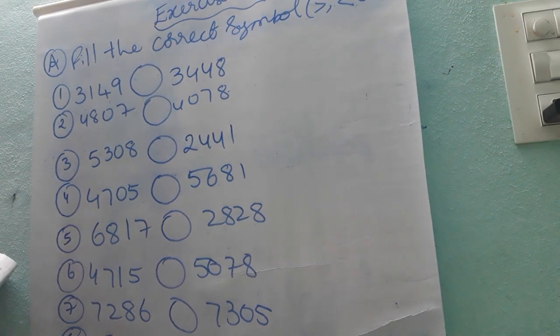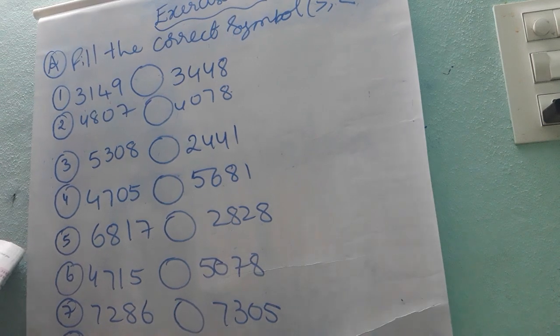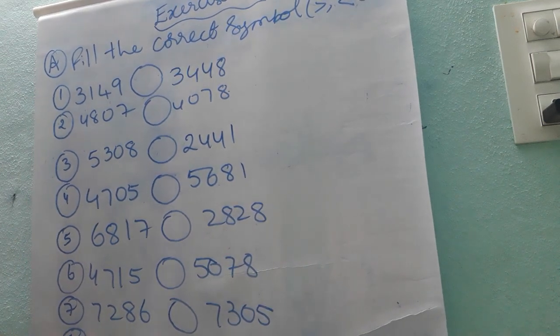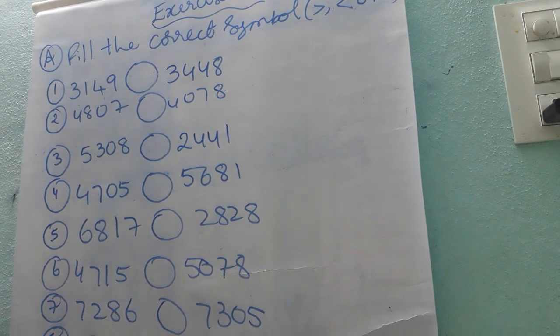Eight thousand 391, 8395. 91, 4005, 5004.